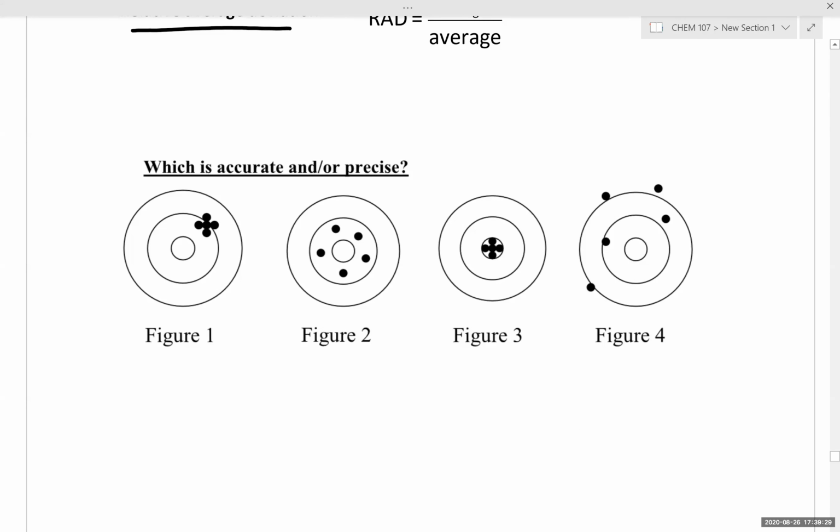Just to help everyone visualize precision and accuracy in a pictorial sense, in figure 1, if our goal is to hit the center of this target, all of our data points are very close together, so we can say that our measurements are quite precise. They're clustered together.